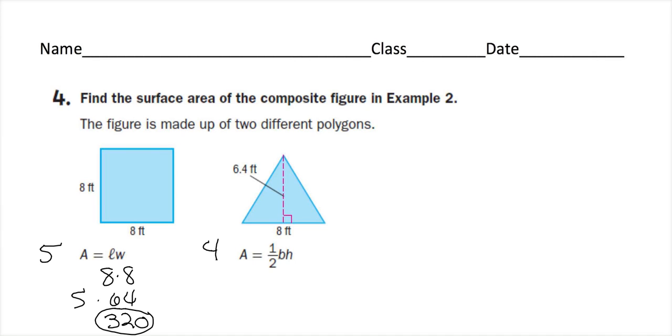So 1/2 the base times the height. So 1/2 of 8 times 6.4. I always like to use parentheses. That's how I was taught in school. 8 times 6.4 divided by 2 is 25.6. So 4 times 25.6, that's 102.4.